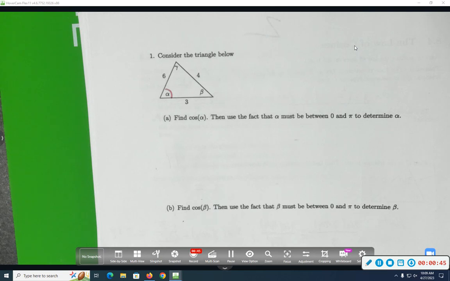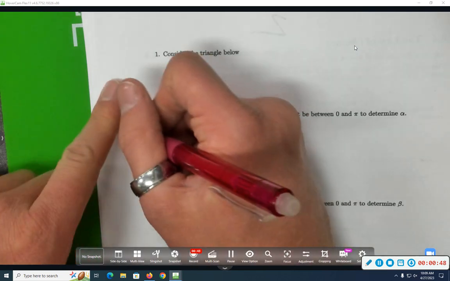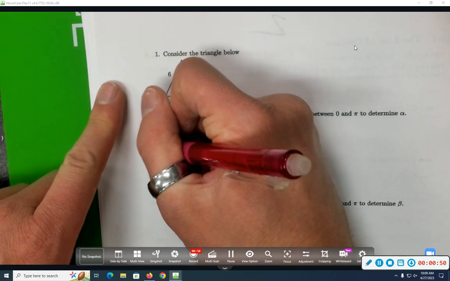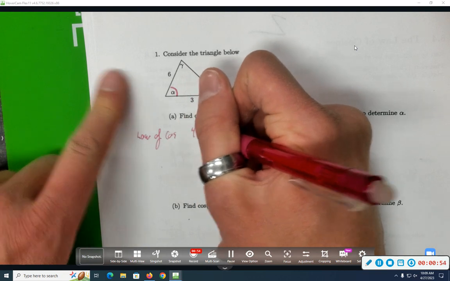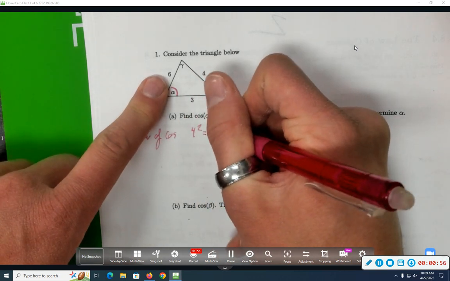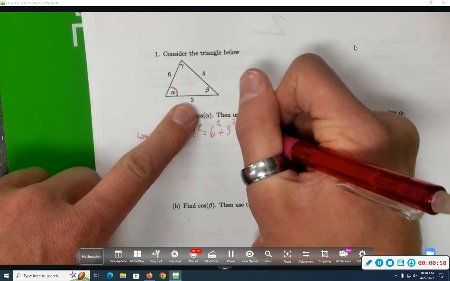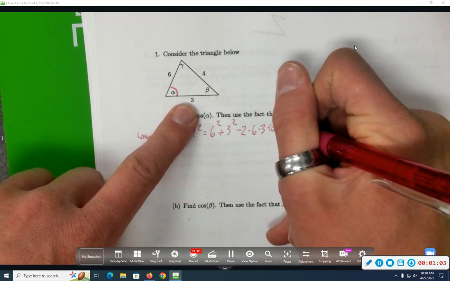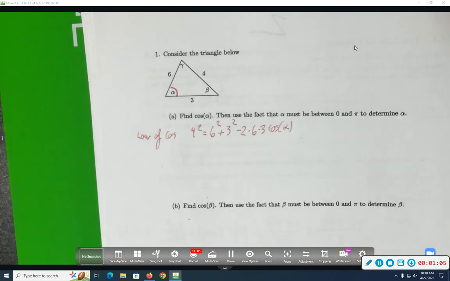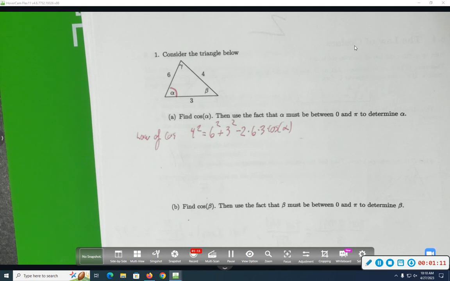So 4 squared equals 6 squared plus 3 squared minus 2 times 6 times 3 times the cosine of alpha. Sounds like something that could be solved for cosine of alpha? Probably.